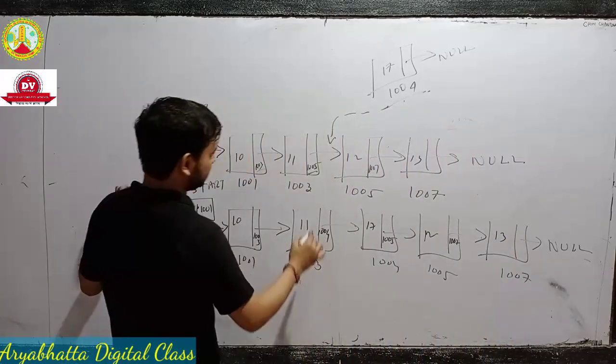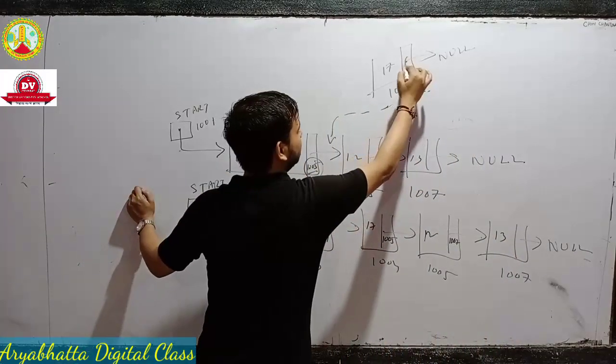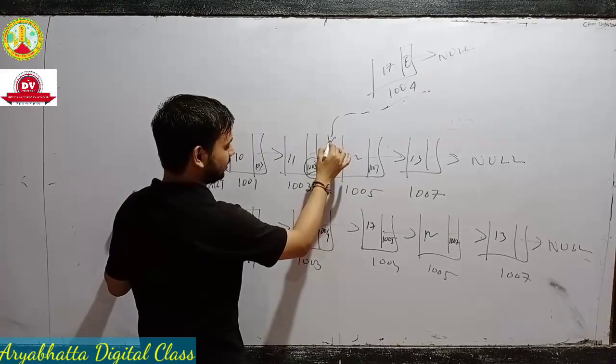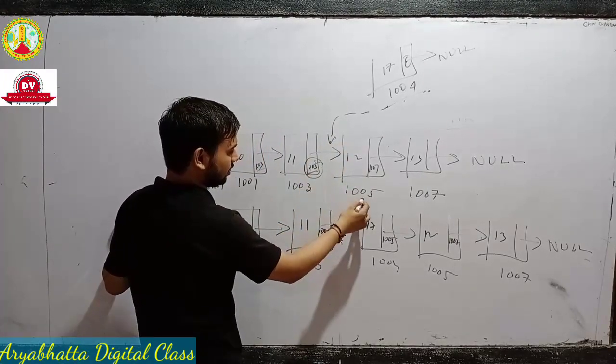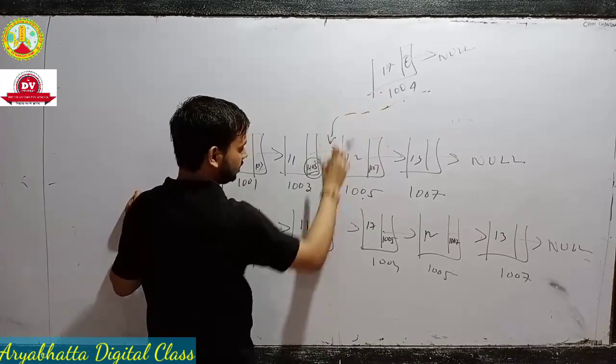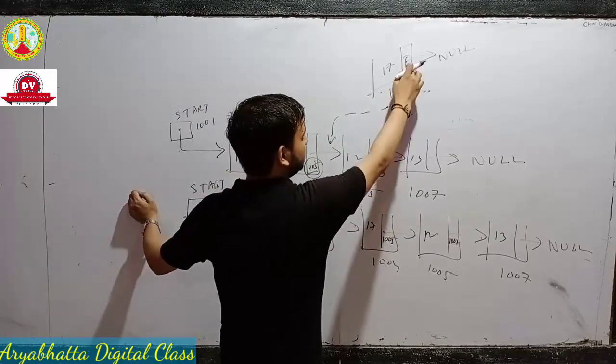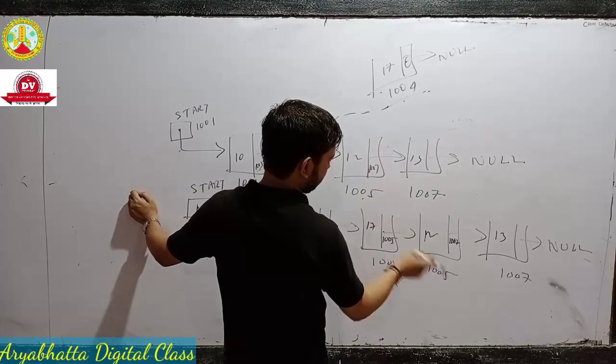You see the change is here and here, because when you add here, this memory address is changed. Previously it stored this memory address, now it stores this one, since it is coming in the middle part. And previously it was null, now it stores this memory address.